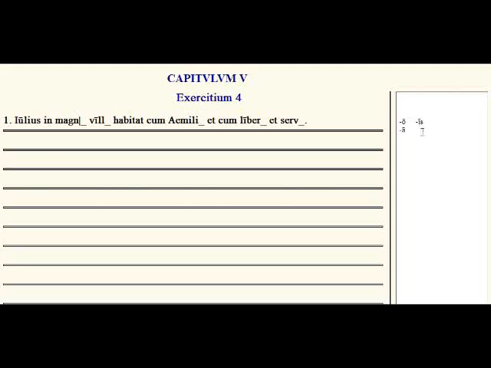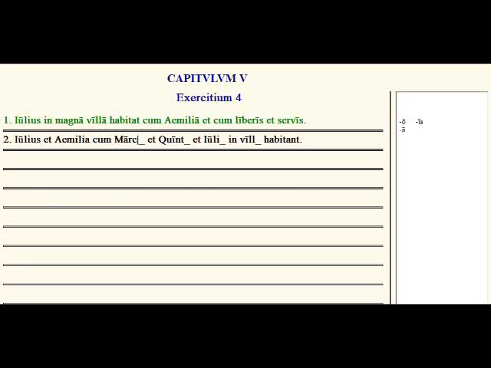So it's a and is in the plural, so it would be ancillis, cum ancillis. So let's give this a try. Julius in magna villa habitat. Julius lives in a large house, singular. Cum Aemilia, singular. Et cum liberis et servis, all plural.